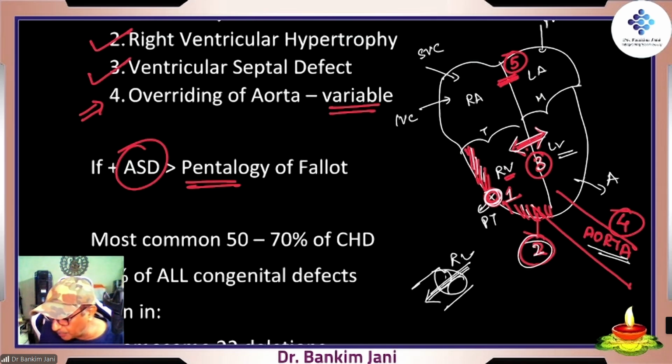Right now, I'm making you draw in such a way, this is whole aorta. Part of it is coming from right ventricle, part of it is coming from left ventricle. Wait for a minute. But this thing is number 4, which is called as overriding of aorta. And then fifth one, when fifth condition is also involved, right? This one, which is ASD, atrial septal defect. Right, we have discussed that also. So then it is called as the pentalogy. Penta means 5. Okay? So that is called as pentalogy.